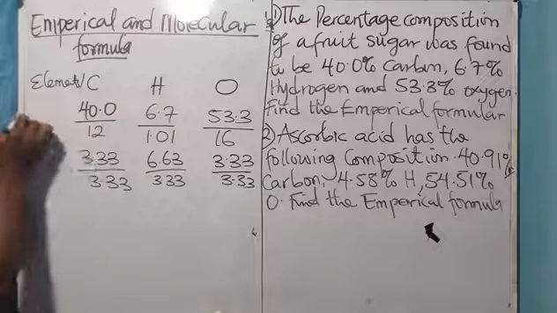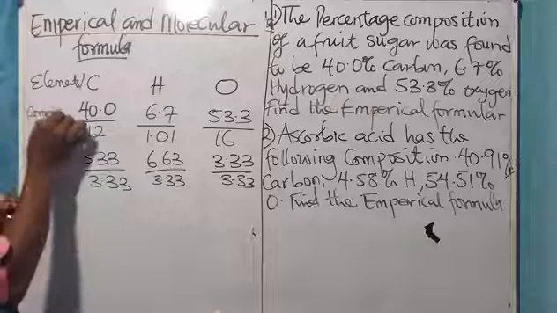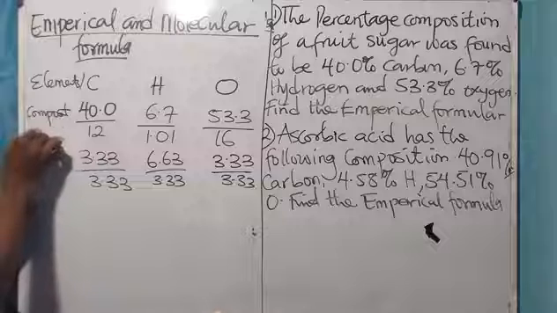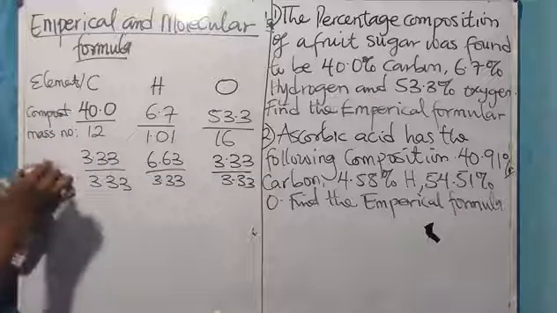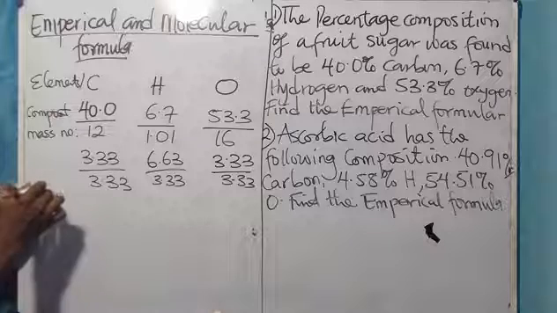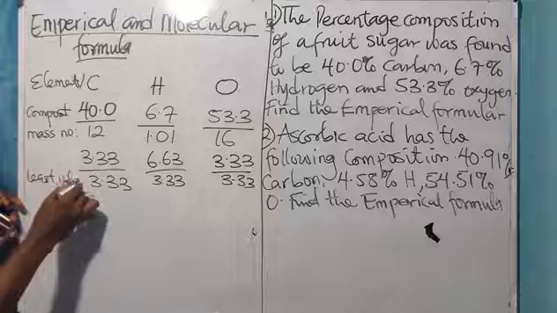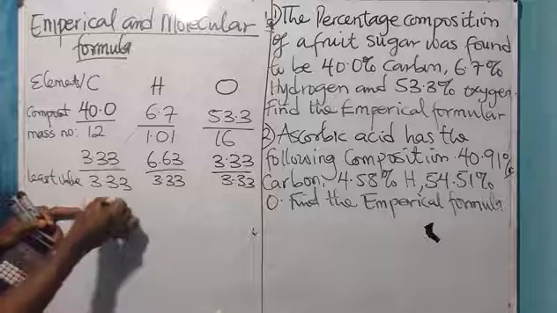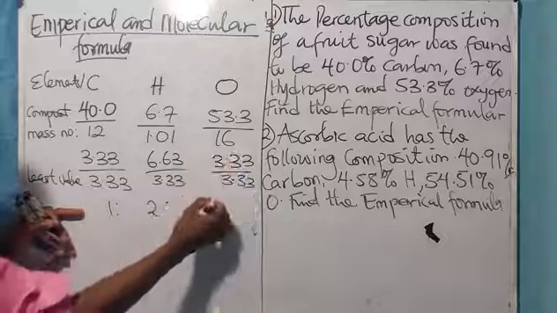Of course, these are elements, don't forget. Then the next one is their composition. This is their mass number. Alright, the next one is to divide through by the least value. This divided by this is 1. You are going to be having 2 here, and you are going to be having 1.